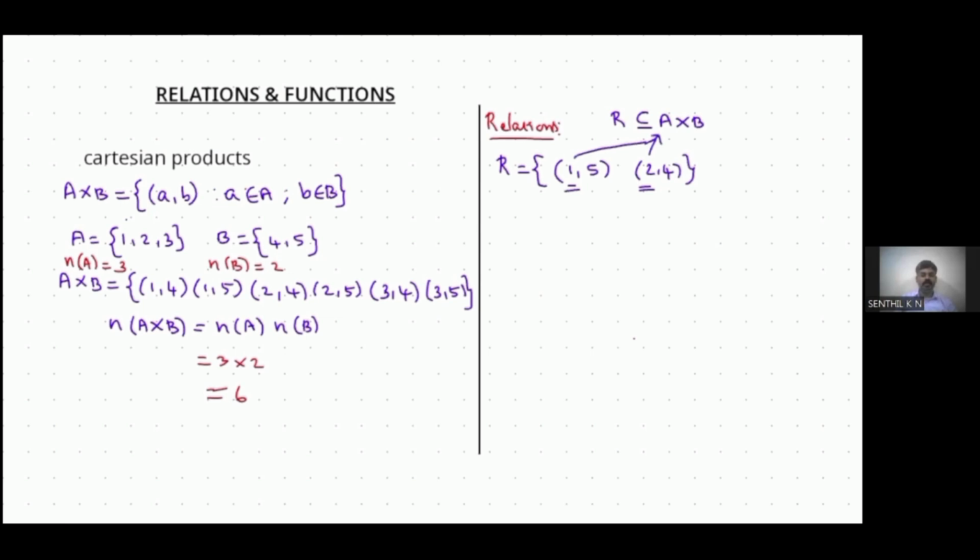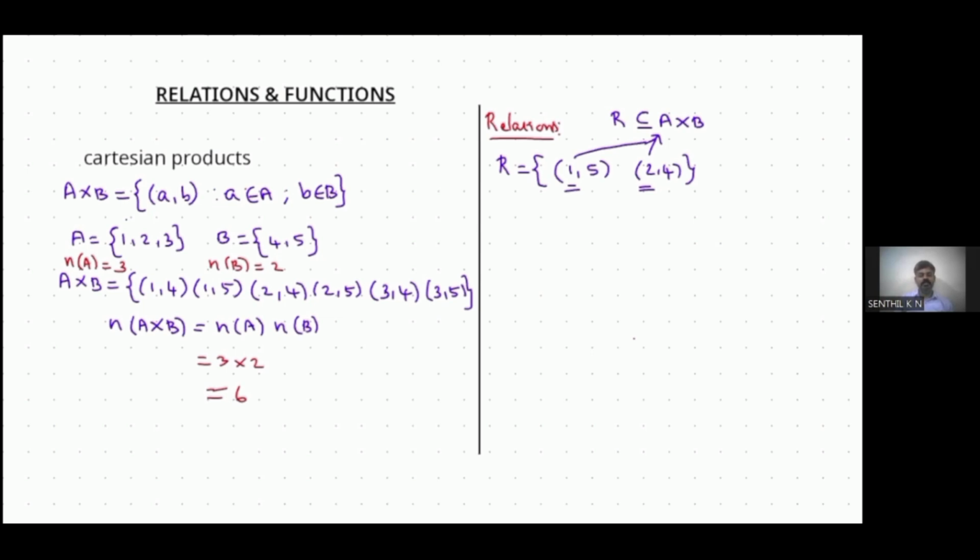Here 5 and 4 are the second elements of each pair, and these are also elements of B. So now we can say R is a relation. First of all, we have to check from where the relation is defined, and only then can we say whether the given set of ordered pairs is a relation or not.